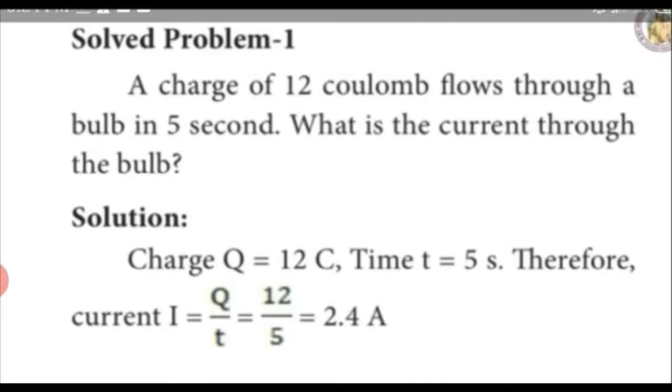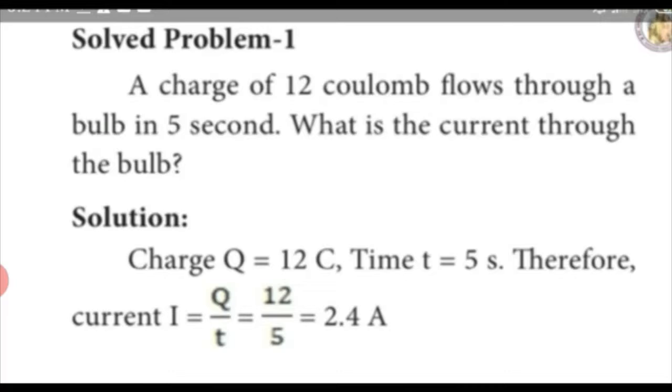It flows through a bulb in 5 seconds, so time is also given. Time t is equal to 5 seconds. Therefore, the formula is current I is equal to Q divided by T. Next, substitute these two values, charge and time. 12 coulomb divided by 5 seconds.